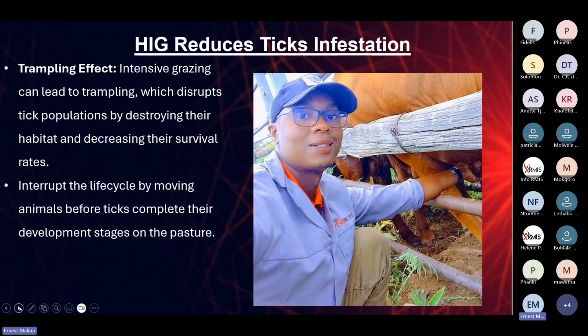So chances are you're not going to have to dip as often. If anything, you may dip to a lesser extent.